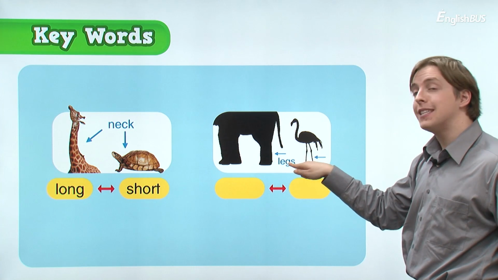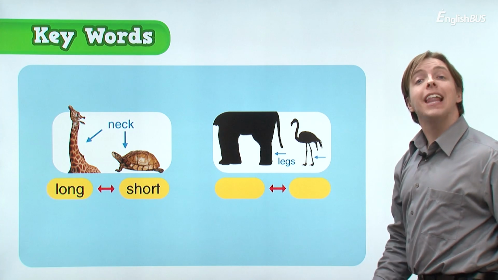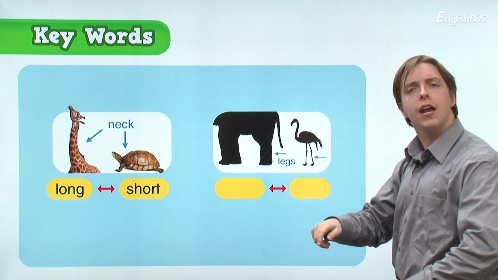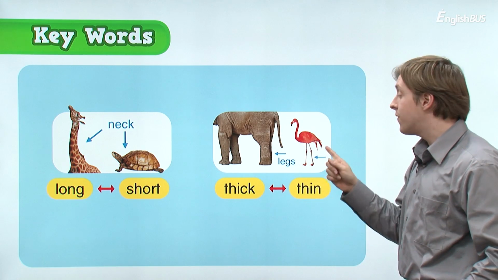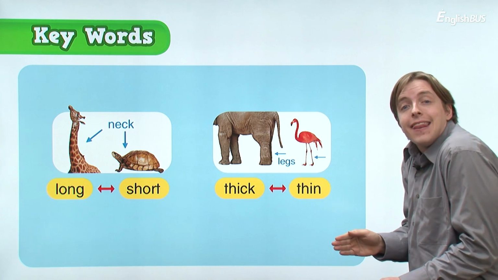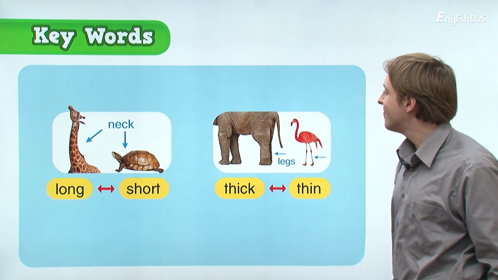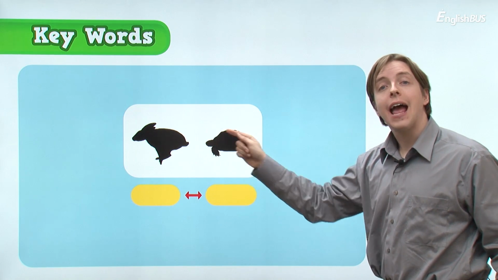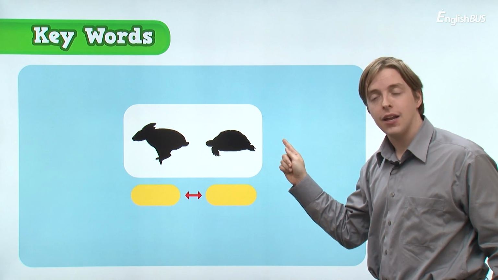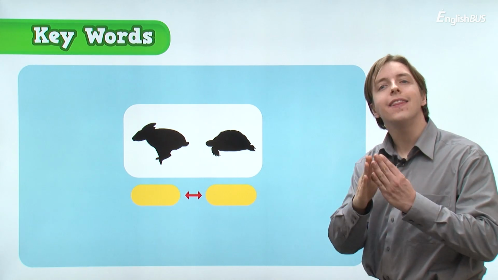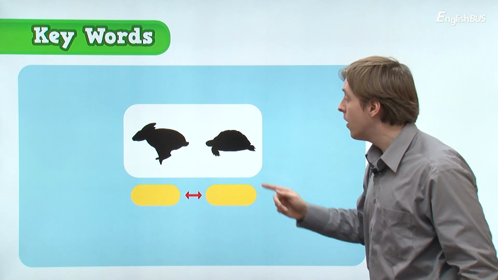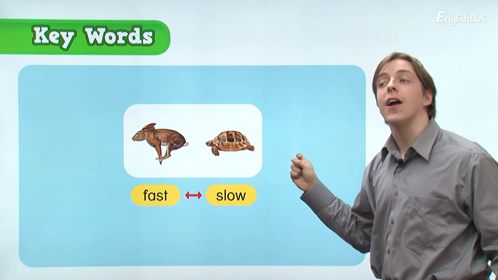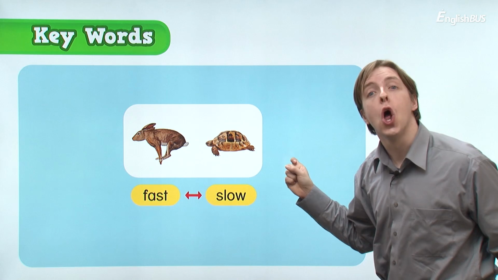And it's pointing specifically to their legs. So an elephant's legs are very thick, while a flamingo's legs are very thin. Finally, we have a rabbit and a turtle again. So how could we say these are different? Well, a rabbit is very fast and a turtle is very slow.